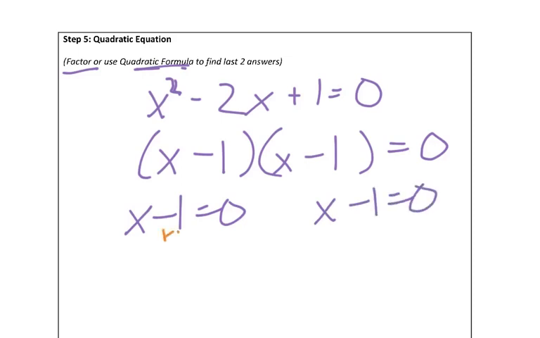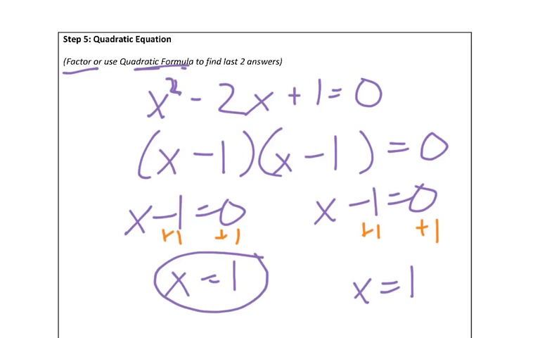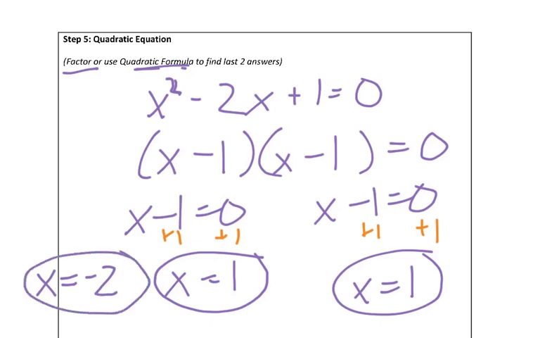And if I add 1, I get x equals 1. Here I add 1, and I get x equals 1. So I have an answer of x equals 1, x equals 1, and then my answer from earlier was x equals negative 2. 3 answers for this problem because it was degree 3.